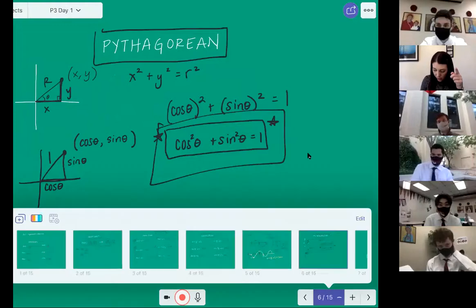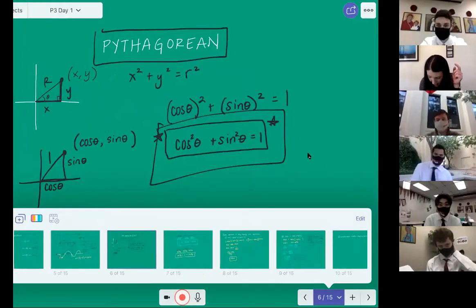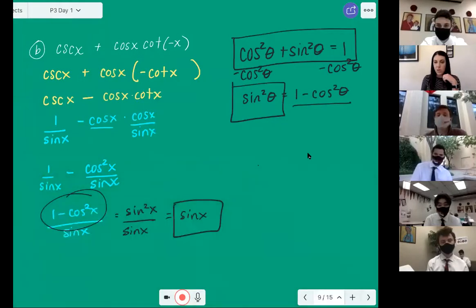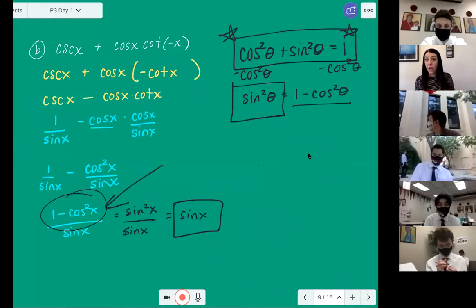So at that point, when we had our 1 minus cosine squared, I went back and I wrote down our basic Pythag identity. Cosine squared plus sine squared equals 1. And then I just said, can I move that equation around at all? Can I do some basic algebra so that I can end up with 1 minus cosine squared? And so to do that, I could subtract the cosine squared from both sides.